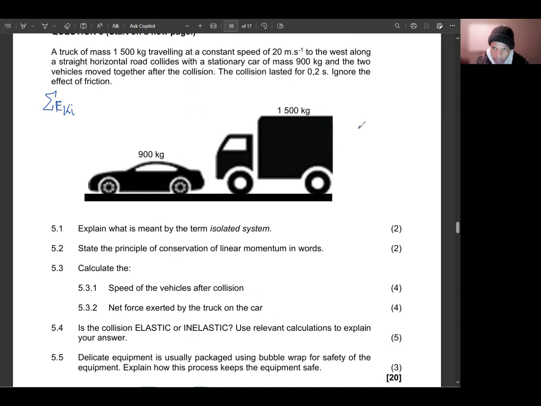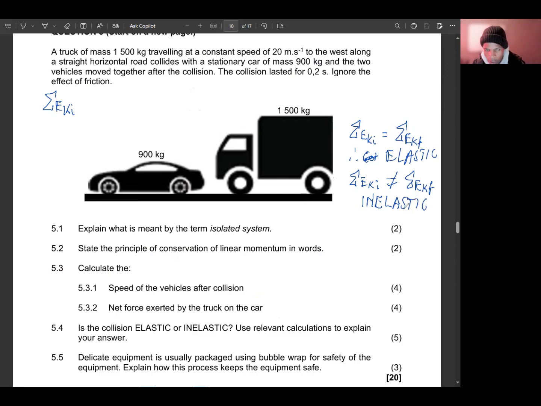Now, the idea here is that if the sum of EK initially is equal to the sum of EK finally, then we will conclude and say this collision is elastic. But if we find that the sum of EK initially is not equal to the sum of EK final, which is what you will find almost 99.9% of the time, it's just going to prove that it's an inelastic collision, right?